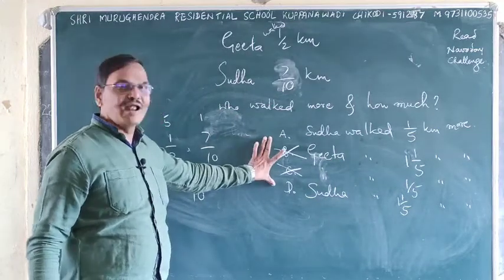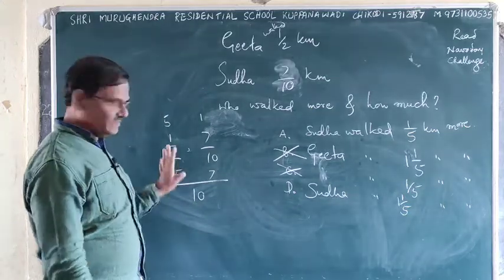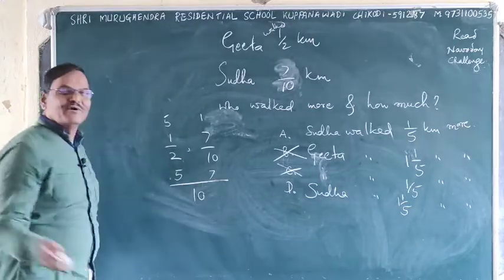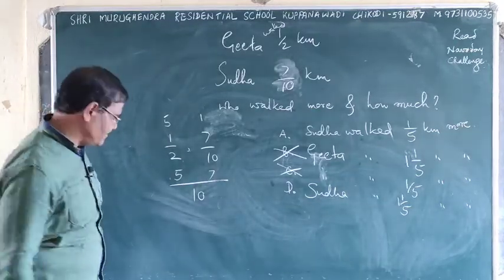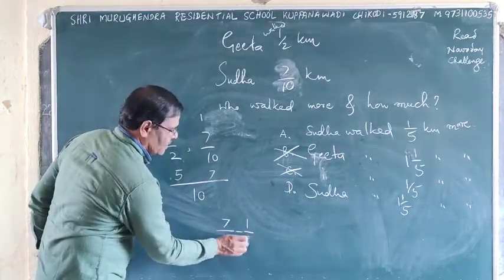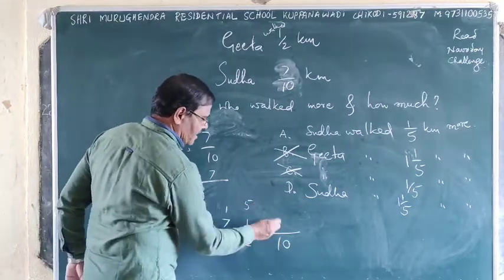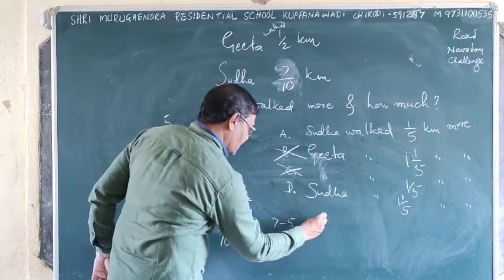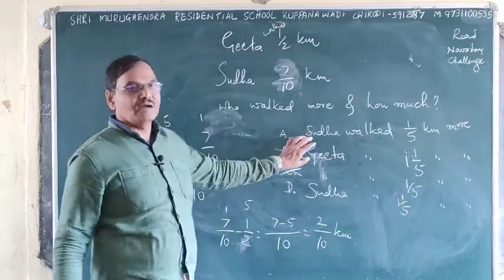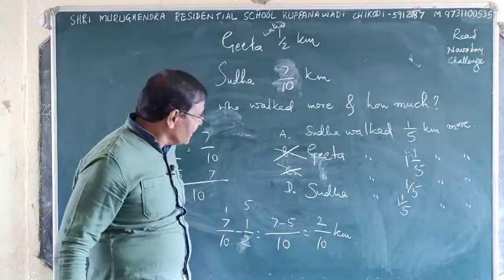Then Geeta walked less. Now 2 answers remained. Then how do we have to check this? You have to subtract from the bigger. 7/10 minus 1/2, 10 is LCM. 10 1s are 10, 2 5s are 10, 7 1s are 7, 5. Then 2/10 kilometer. Sudha walked 2/10 kilometer more than Geeta.